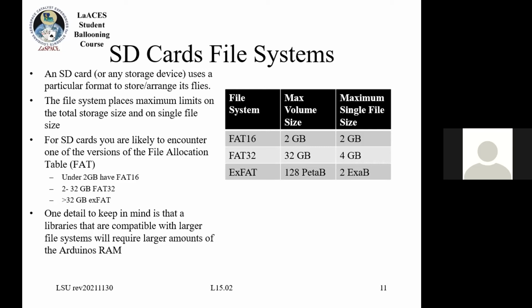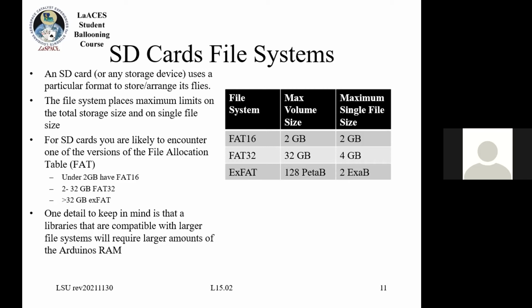In particular, the file system will set a maximum limit on the total size that you can store on a storage device, and how big one individual file can be.